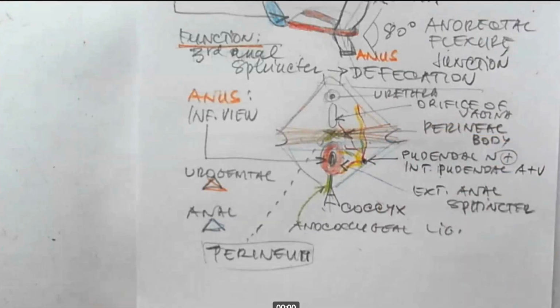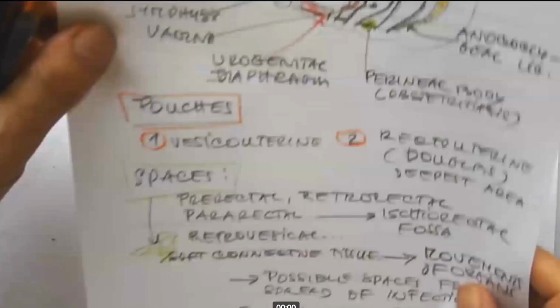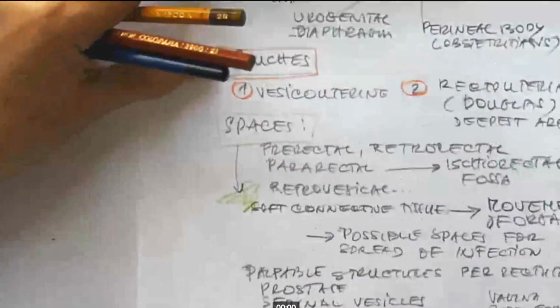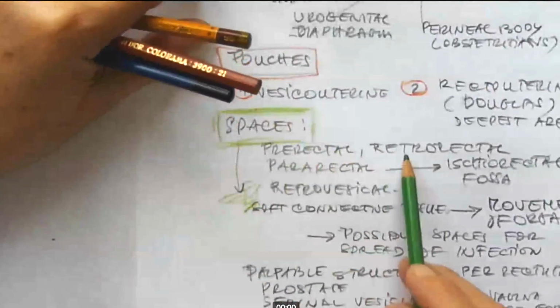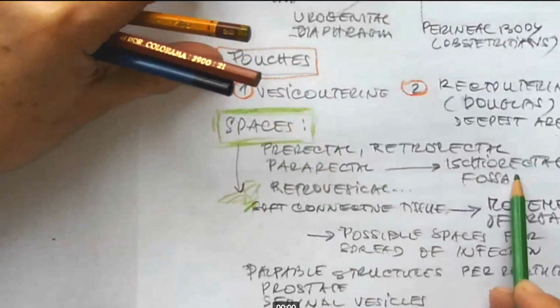Okay, the last point for today is only one drawing, one diagram. We said that there are spaces around the rectum: prerectal, retrorectal, pararectal, and the ischiorectal fossa.